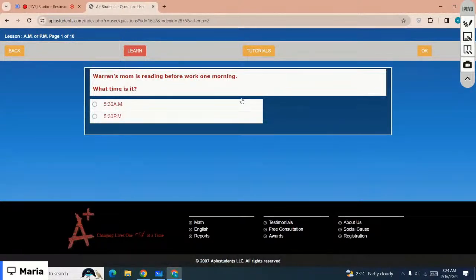What time is it? 5:30 a.m. or 5:30 p.m.? Which is the correct option? That is 5:30 a.m. because usually everyone goes to work in the morning, right? So before work means that is 5:30 a.m., right?